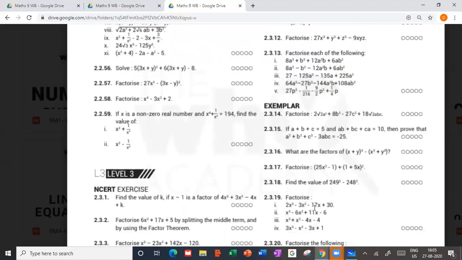Okay, factorize. What are the factors of (x plus y) the whole cube minus (x cube plus y cube)?